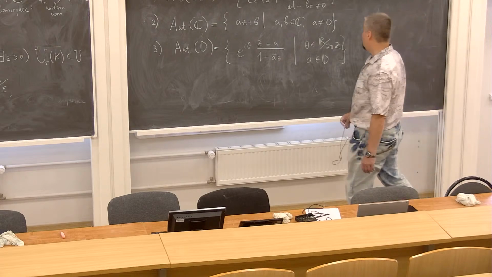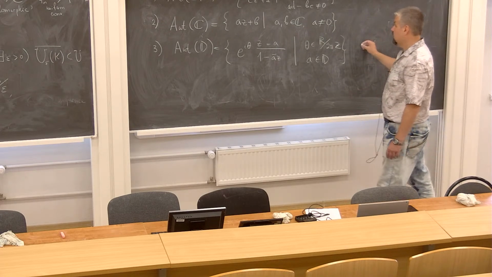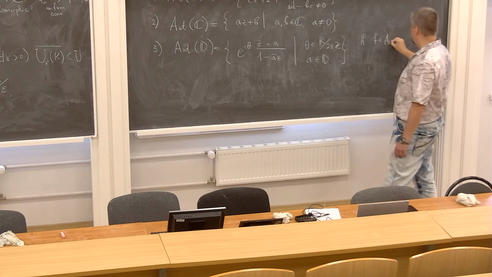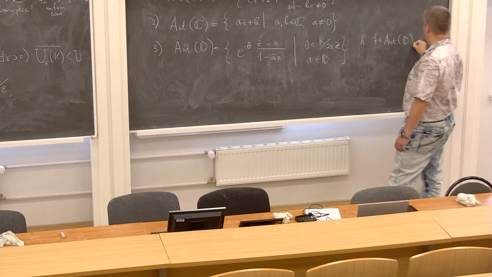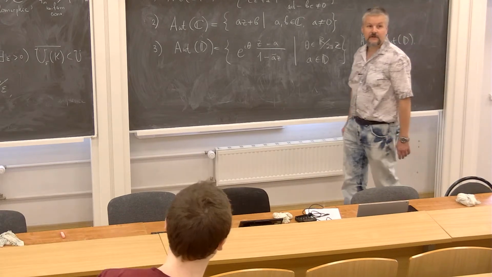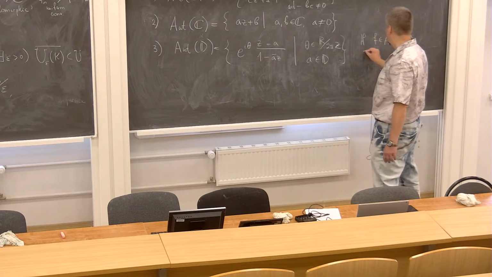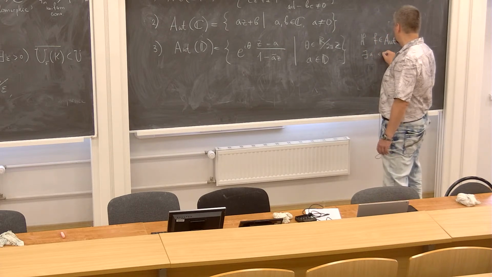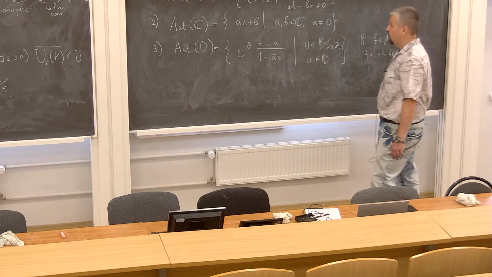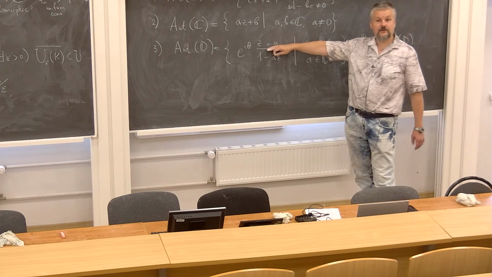If you have an automorphism of the disk, so if F is an automorphism of the disk, then you must have some point that's mapped to 0. So you can say that there exists some A such that F of A is 0. And this will appear in the numerator.